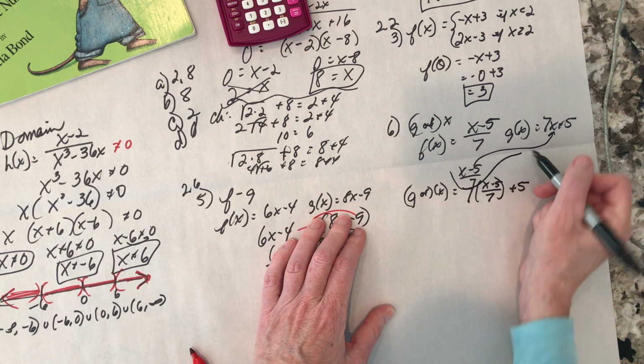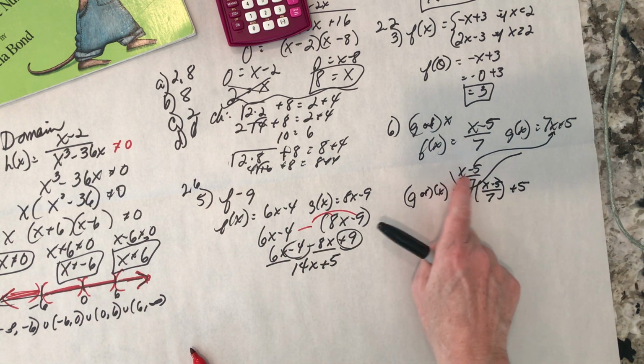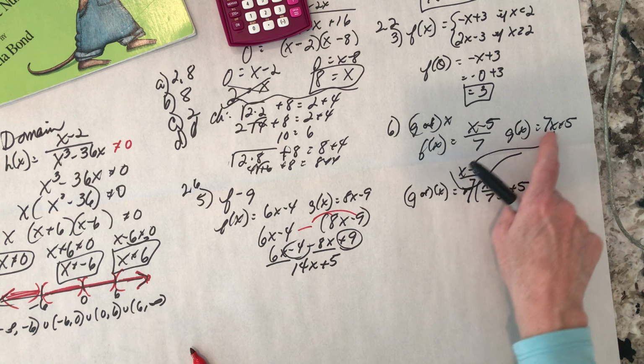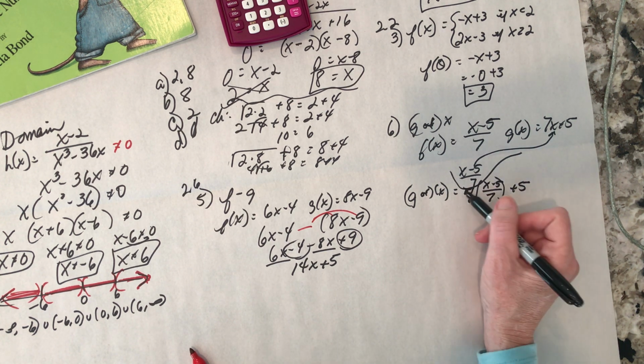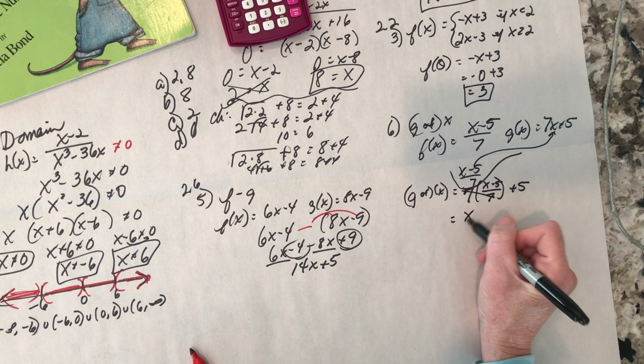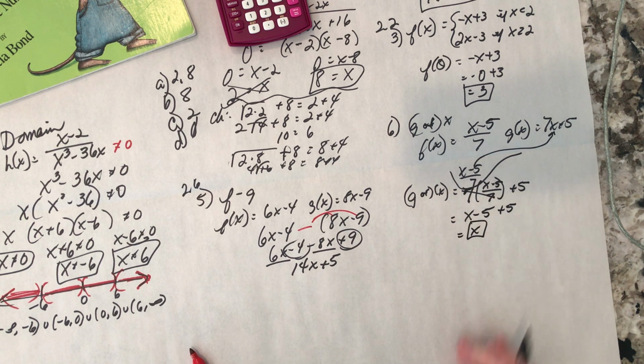So we're placing the f piece into the g equation. I see that the 7's will cancel out, so we'll get x minus 5 plus 5, which just gives us x.